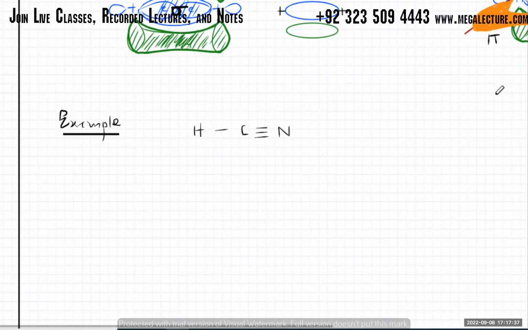Okay, they'll ask you, एक सेकेंड. Anyways, they'll ask you for HCN and they'll say, okay, show us a pi bond. All you have to do is double bond and just show them H and there is C. The first one is going to be a sigma. If they're asking you to show them a pi bond, so just draw a pi bond.